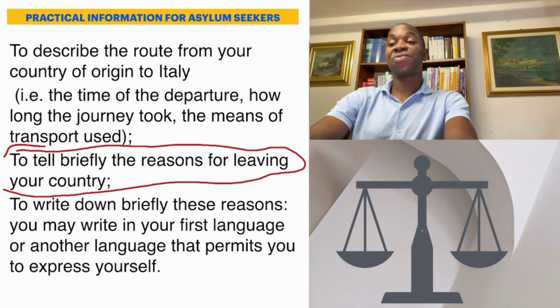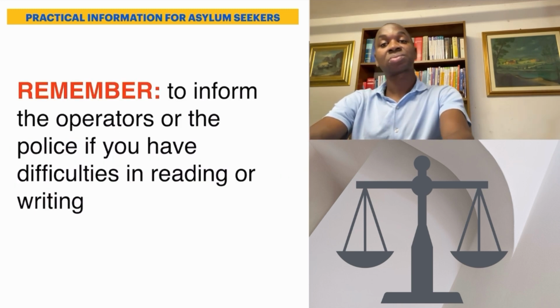If they don't have anybody to interpret, you can look for someone, or they can look for one for you. The person must be someone that can understand their language too, so as to be able to explain to them what you're telling the person.